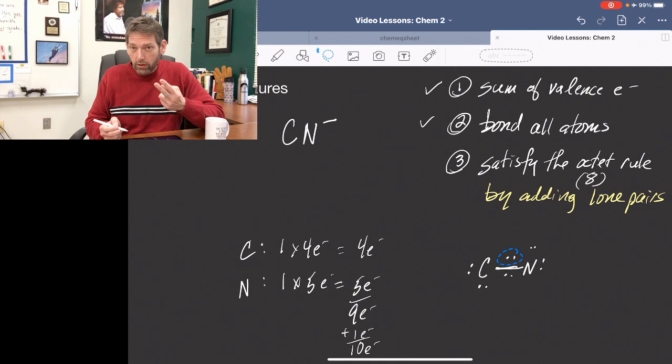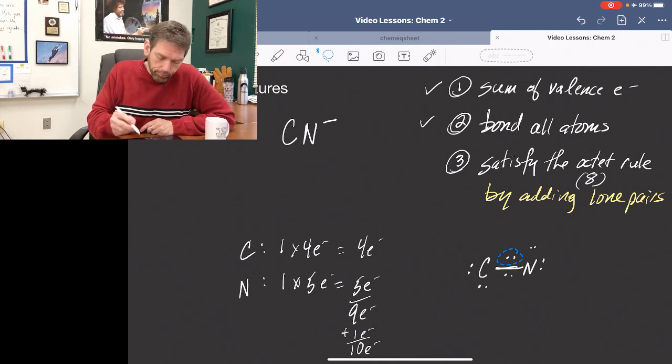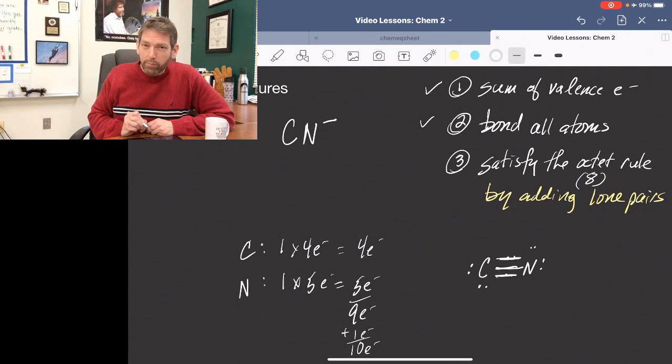That's 2 pairs of electrons. So now let's think about this. Now that those are there, there's a bonding pair, and there's a bonding pair. All right, so now let's recount. We've got 2, 4, 6, 8, 10, 12, 14.